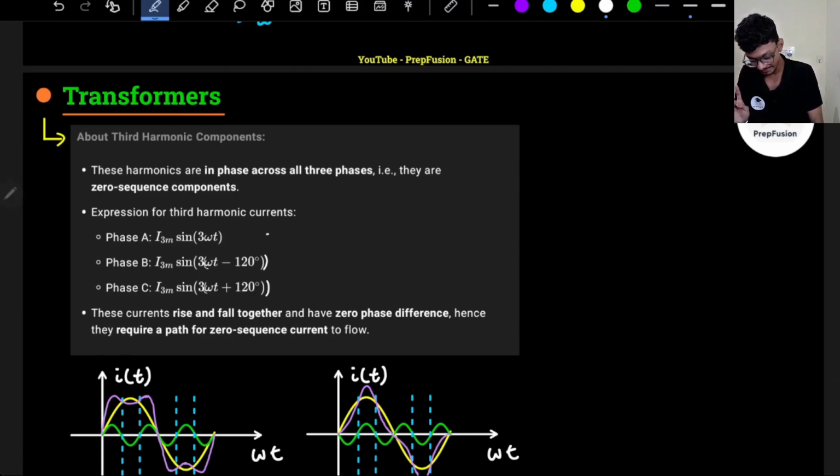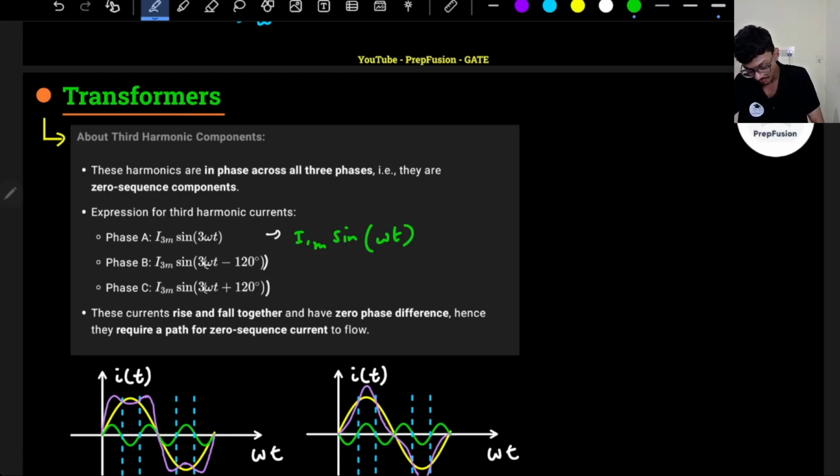For phase A, my fundamental component of the magnetizing current was I1M sine omega t, because it has no phase shift.